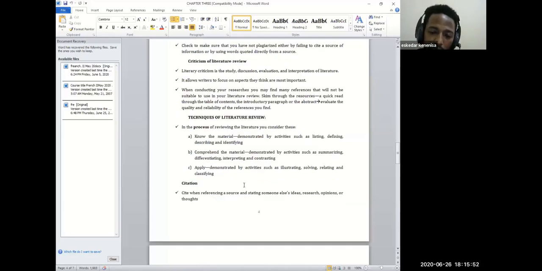First, know the material. You can get to know it by skimming or quick reading to see what the matter is all about. Next, you have to understand the material. Comprehend the issues that are discussed in the material.